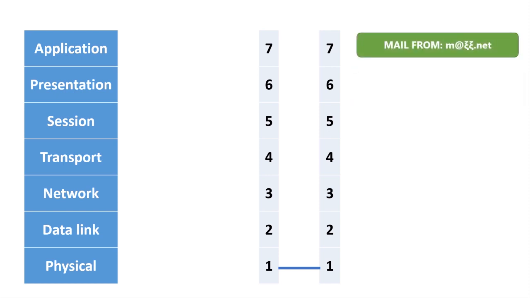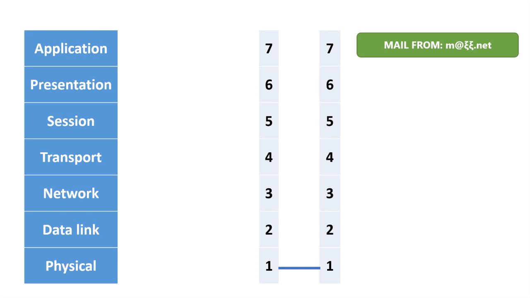At layer 7, we at long last have that message that comes from this rather strange email address, and the conversation can now continue in the sense that the receiving machine may say, okay, I like that. Here is a 200 series message to tell you that I received this and all is well.